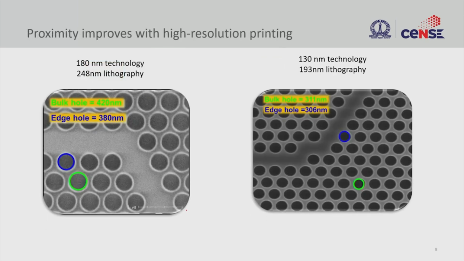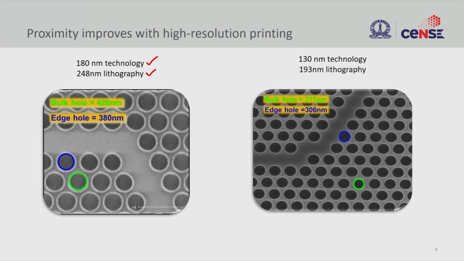And this is an example of how to improve your resolution. Proximity effect is a classic example of this resolution enhancement. On the left side you see 180 nanometer technology and 248 nanometer illuminating optics. This is what we use, and the structure on left and right are exactly the same.